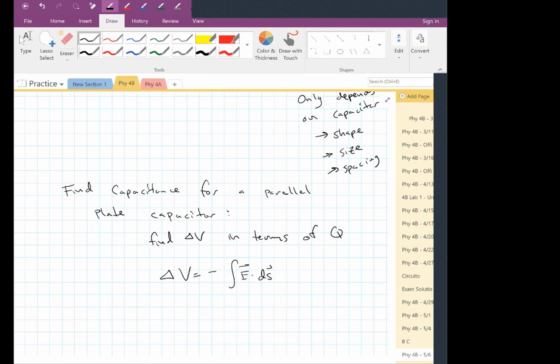What does E depend on? It depends on the charge on that sheet, right? The charge density. So if we plug in E in terms of the charge that's in this capacitor, and we do this integral, then we'll have delta V, and we'll have hopefully Q or sigma or something in there that reminds us of charge. And then we can figure out what the capacitance is. So let's do that. So the first thing we need to do is find E.